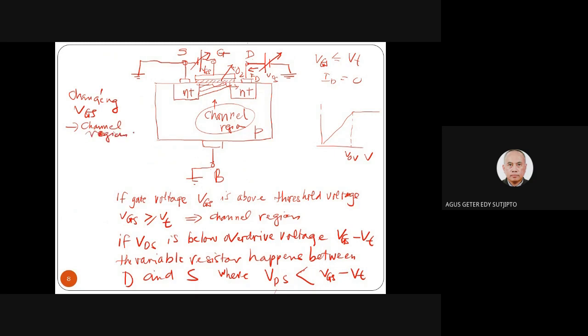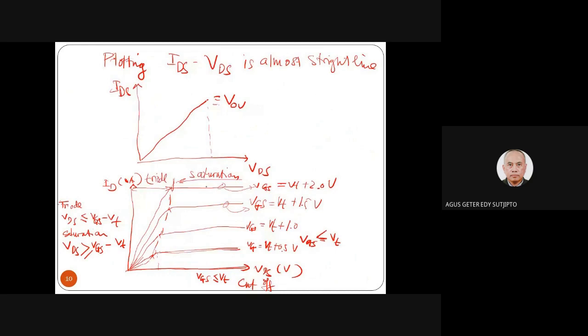This area will allow a certain number of electrons to move from source to drain. So the number of electrons is limited to the channel region. The channel region will limit the current flow, or the moving of electrons. So that's why this will be saturation.